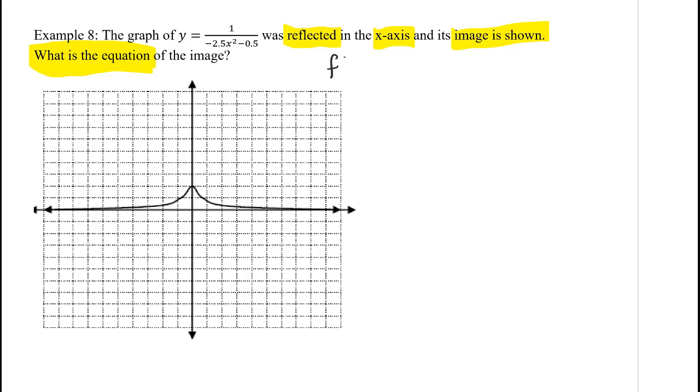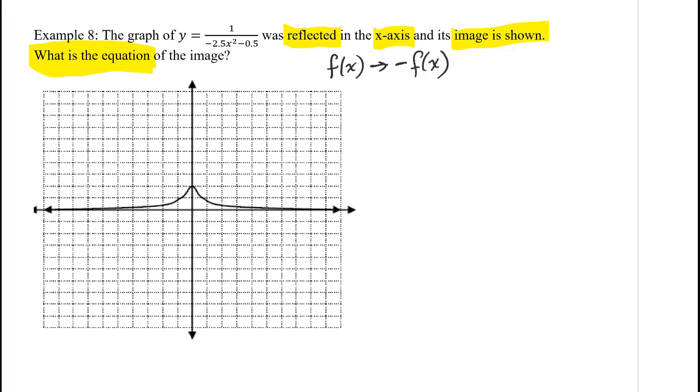In general notation, to reflect in the x-axis means to put a negative on the outside of the function, because we need to change our y values to flip vertically from top to bottom and bottom to top. So this is the original function. We need to throw a negative out in front of it to be able to say that it's being reflected.